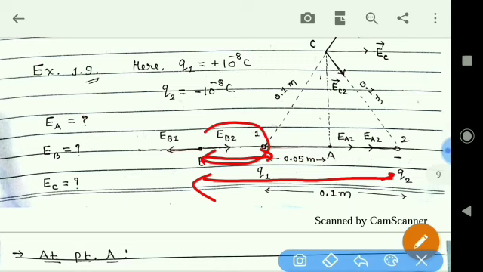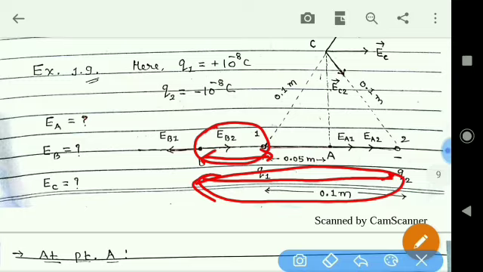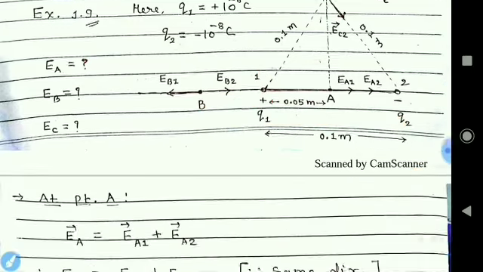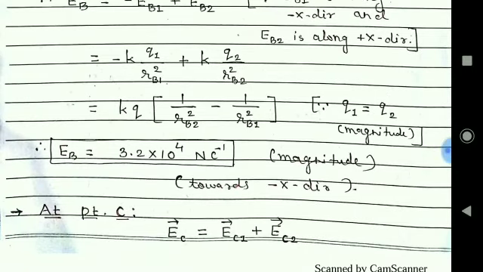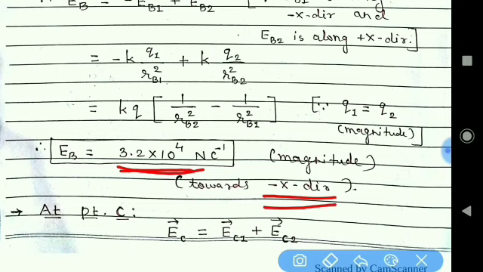So if we put in this distance as well as this distance and calculate, we will get the answer, and that will be 3.2 into 10 raised to 4 Newton per Coulomb, and the direction is negative as I said earlier.